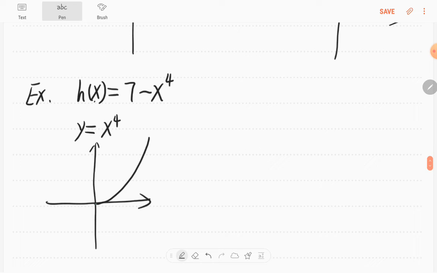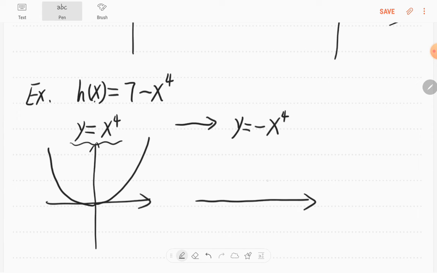We know that it's much flatter near the origin, and that's fine, we just sketch the graph. The next step is we multiply by negative 1 on the whole function, so we reflect the graph about the x-axis, which would be this one.